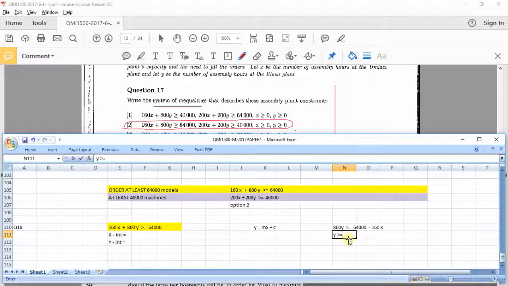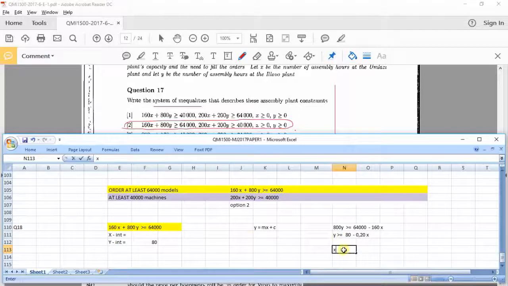To make y on its own, divide everything by 800. 64,000 divided by 800 is 80. Minus 160 divided by 800 is 0.2, so 0.2x. I only want the 80 actually, so the y-intercept is 80.